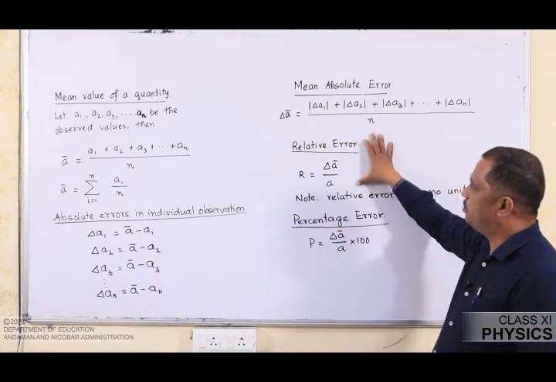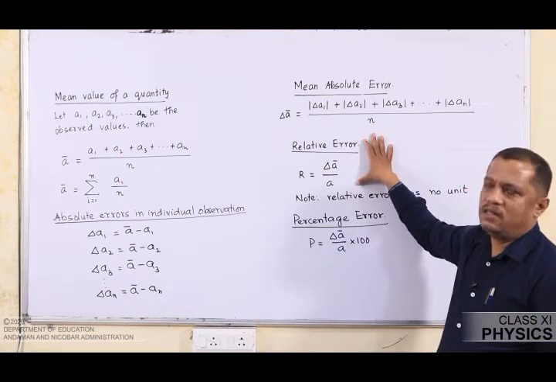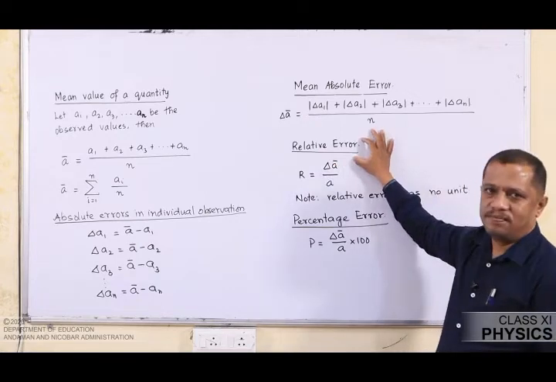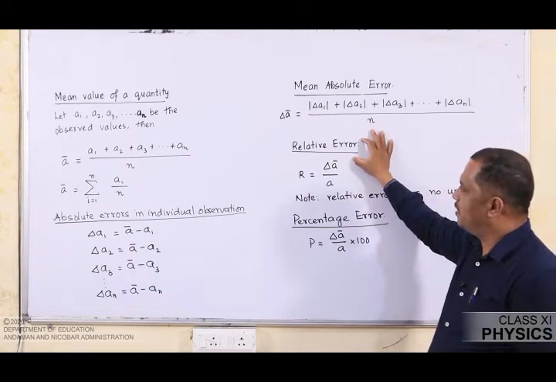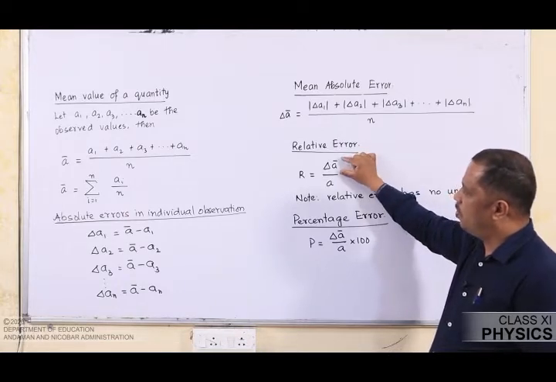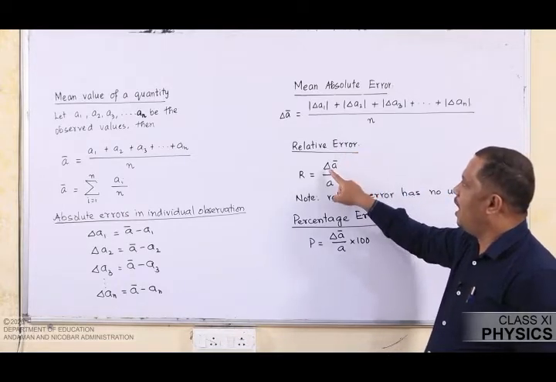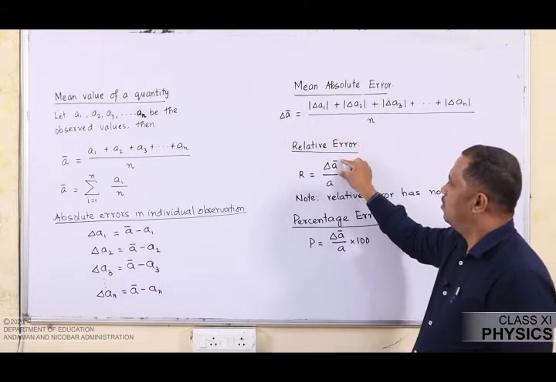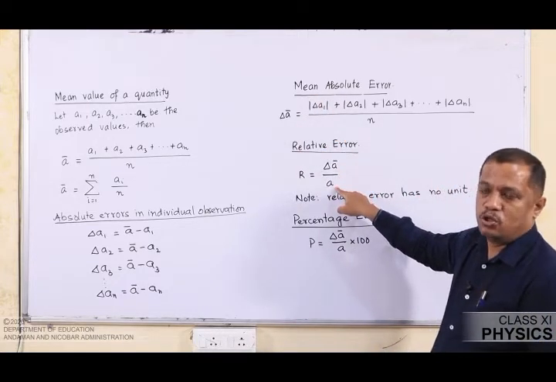Next concept, we also call in the measurement space as relative error. When we say relative error, what is it actually? It is the ratio of the average absolute error or mean absolute error to the true value.